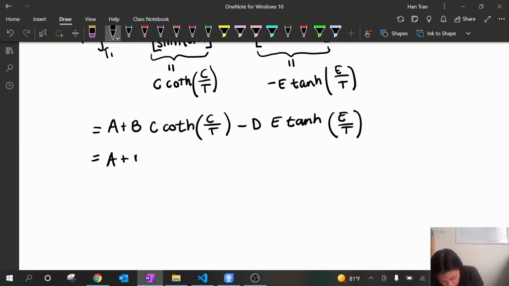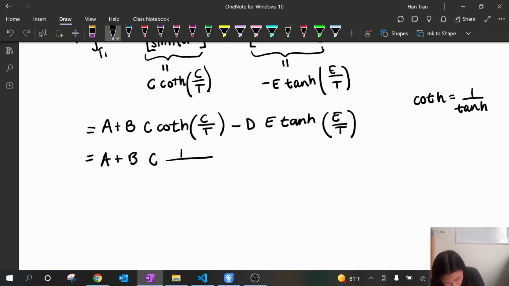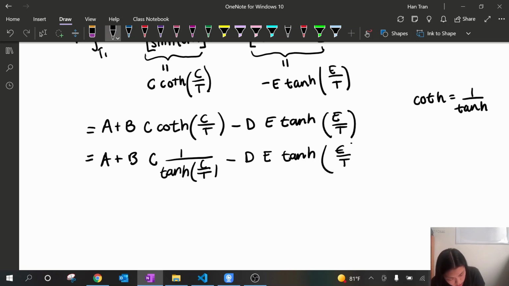So we'll have A plus B times C times, since the hyperbolic cotangent is equal to 1 over hyperbolic tangent, 1 over the hyperbolic tangent of C divided by temperature, minus D times E times the hyperbolic tangent of E over temperature.